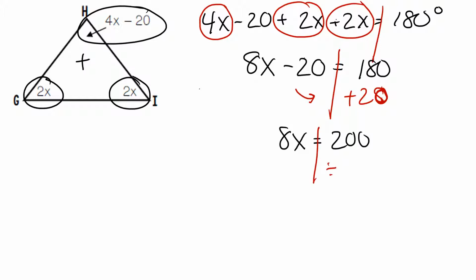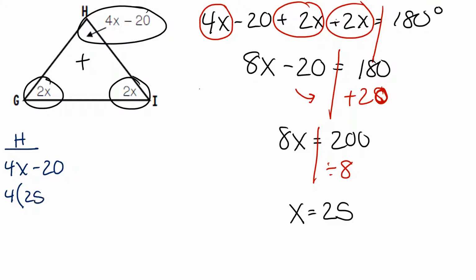And then our last step is to divide. We divide by 8. 200 divided by 8 is going to give us 25. X equals 25. We have to take that answer and plug it back into each equation. So starting with angle H, 4x minus 20, using our answer 25, 4 times 25 is 100. 100 minus 20 is going to give us 80.